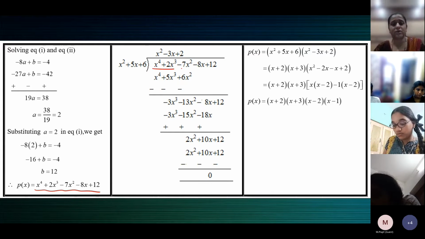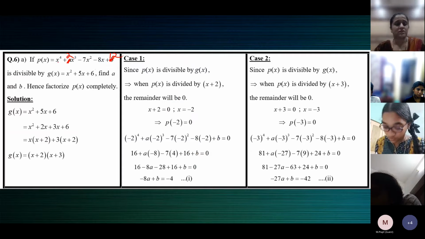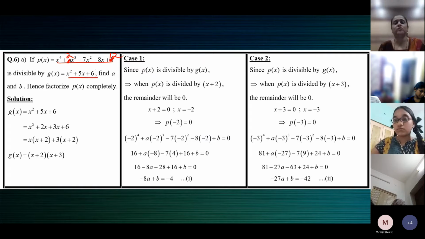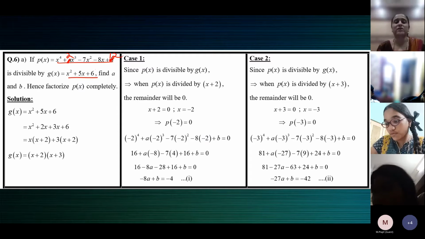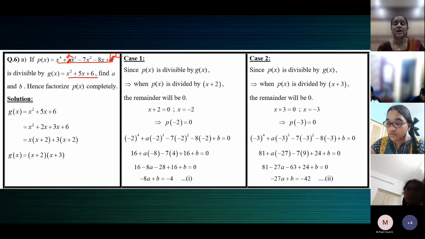Now the division process: divide the polynomial by the divisor given. This one is exactly divisible by x squared plus 5x plus 6. Please recall that to factorize a biquadratic polynomial, you need a quadratic factor. We used to find one linear factor, another linear factor, and multiply the two linear factors to get the quadratic factor.